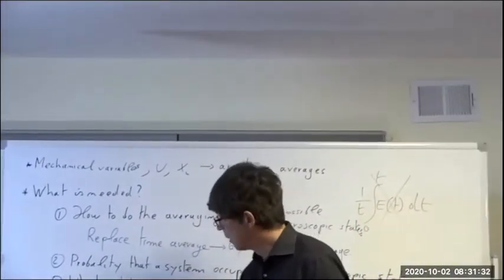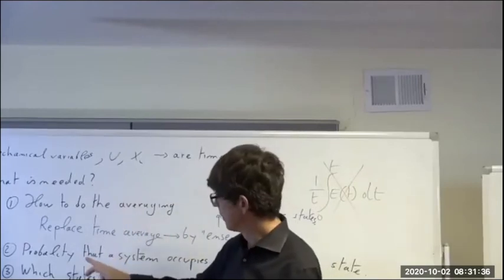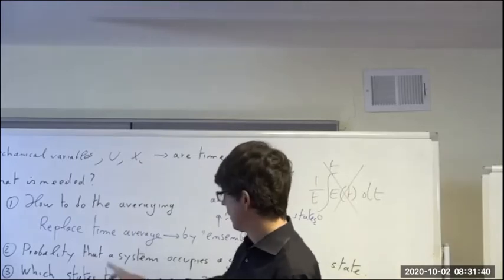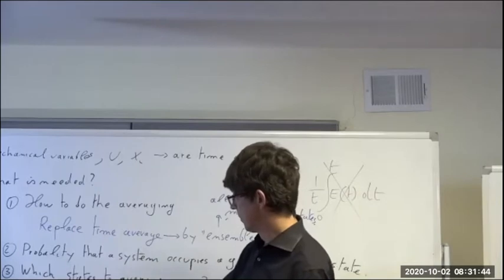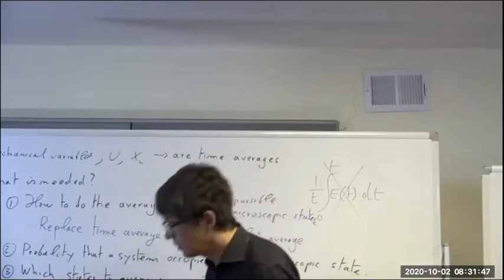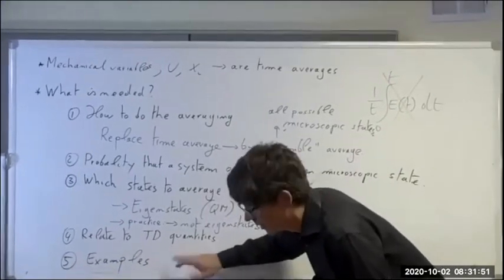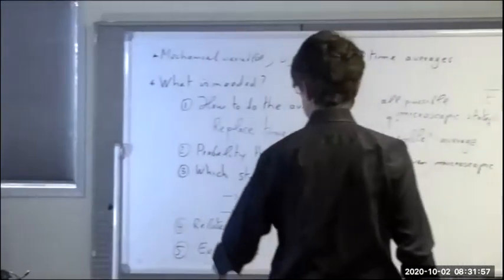Okay, so how to do the averaging, getting probabilities, defining the ensemble, and relation to thermodynamic quantities. You can't see anything of what I'm pointing at. There we go, camera, here you go. And then we do some examples, and that's it. So let me start with number 3 here, really.